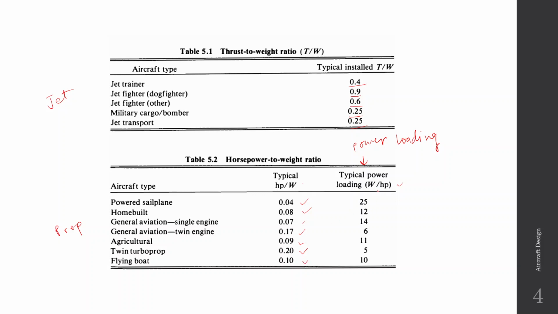Now since the power loading is the inverse of HP by W, a lower power loading implies a more powerful aircraft. Out of these, obviously the twin turboprop has a higher horsepower to weight ratio, so you can see it has a lower power loading.